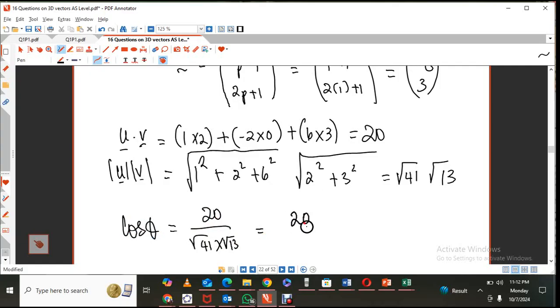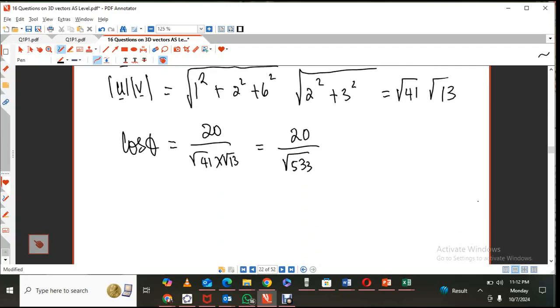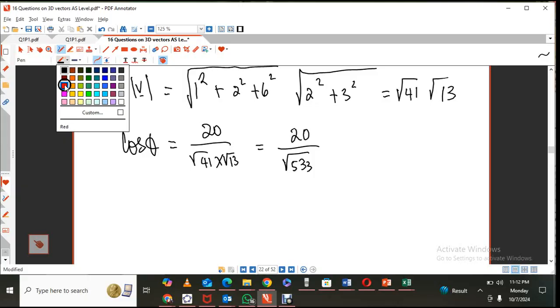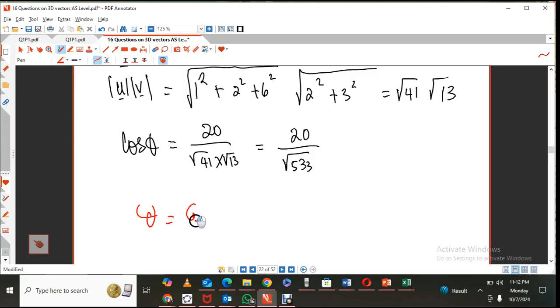Well, of course, this cleans up to 20 over root 533. The way you get 533, multiply these two, 41 times 13, you get the same answer. You don't have to do that if you don't want to. Of course, then the angle will be the inverse cosine of 20 over root 533.